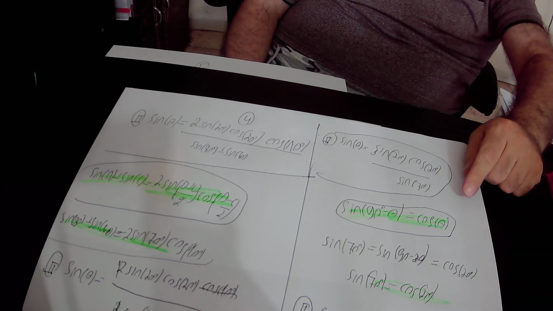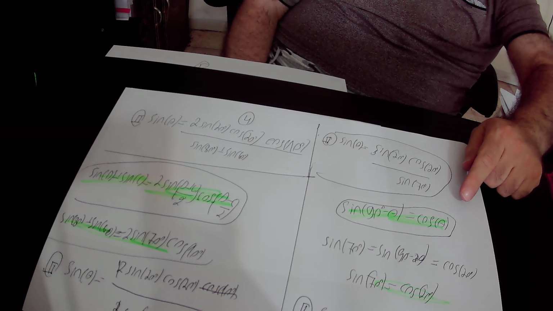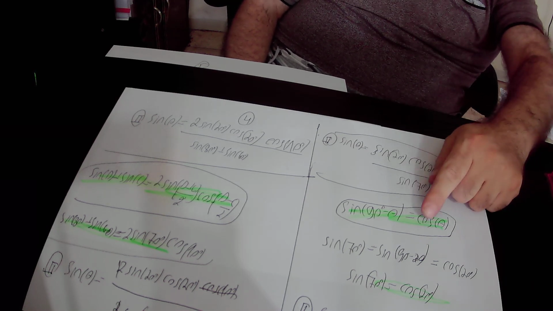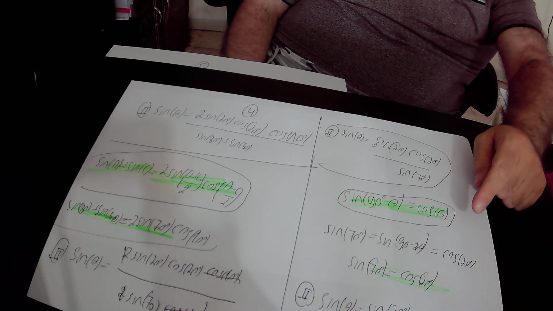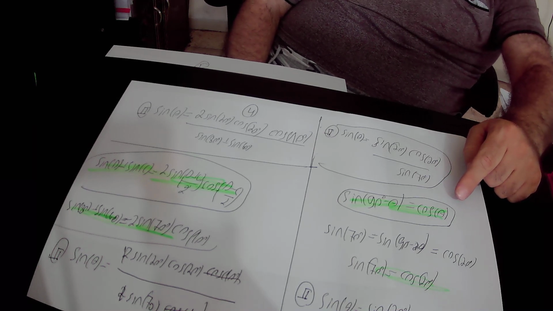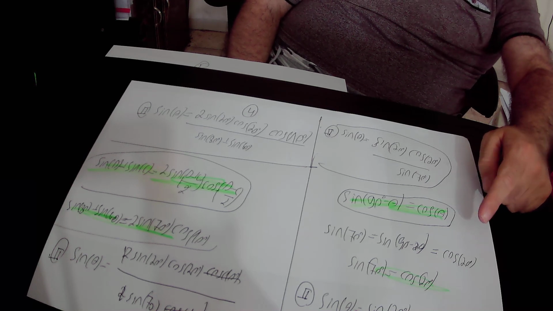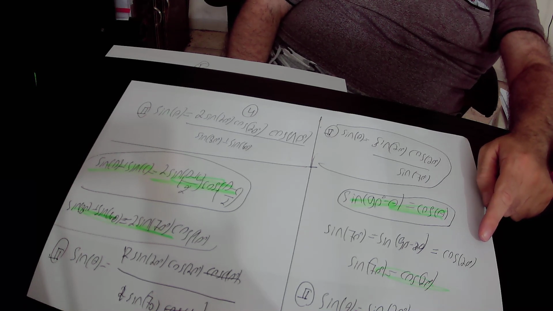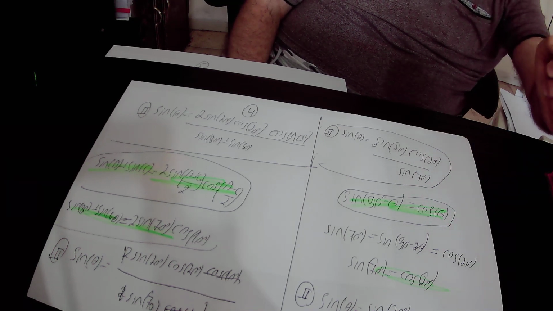And finally, we have the trigonometric identity that sine of 90 degrees minus theta equals cosine theta. We know that sine 70 degrees equals sine of 90 degrees minus 20 degrees. According to this identity, sine of 90 degrees minus 20 degrees equals cosine 20 degrees. Therefore, we can substitute sine 70 degrees by cosine 20 degrees.